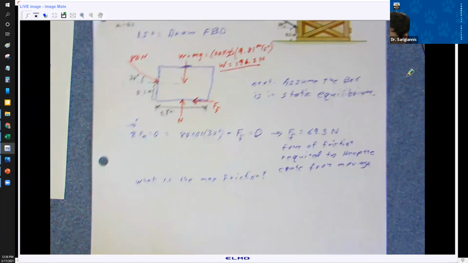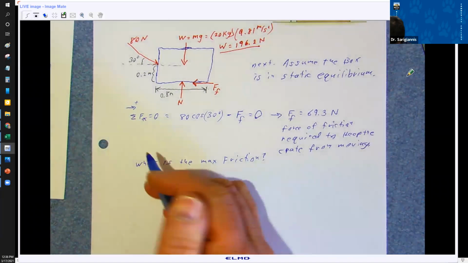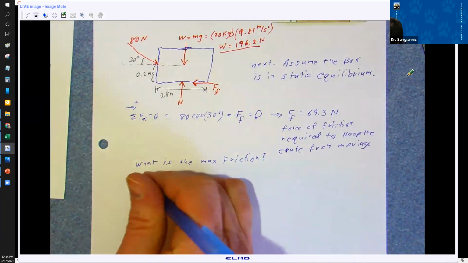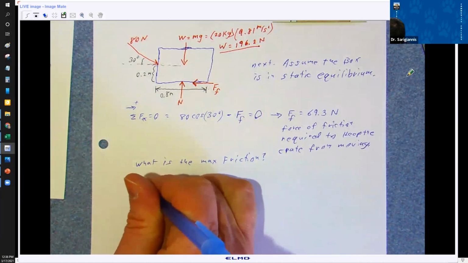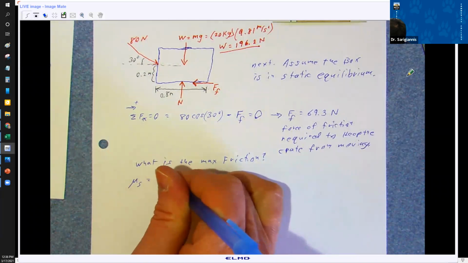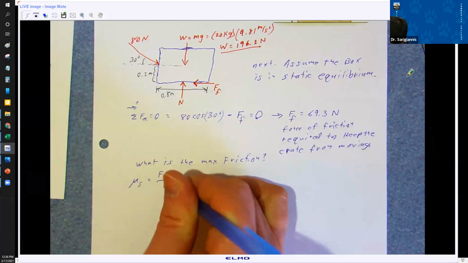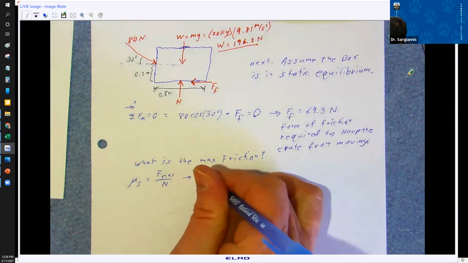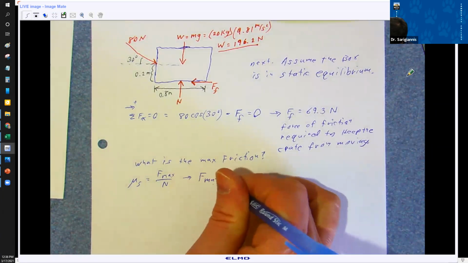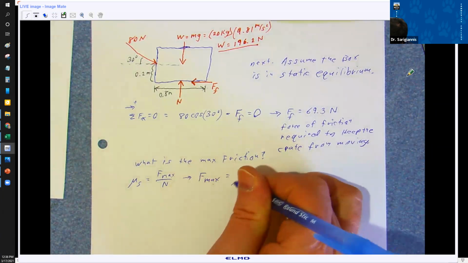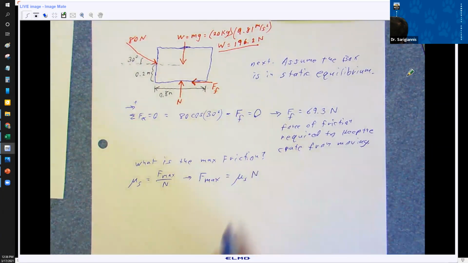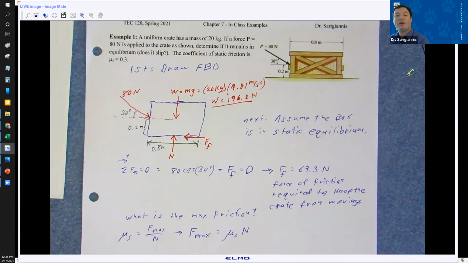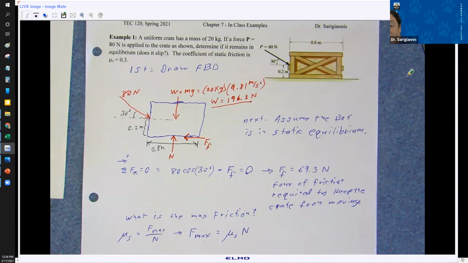Well, we know that we have the equation mu s equals F max over N. We can find F max from this, right? Coefficient of static friction times the normal force. Now, how do we find the normal force?